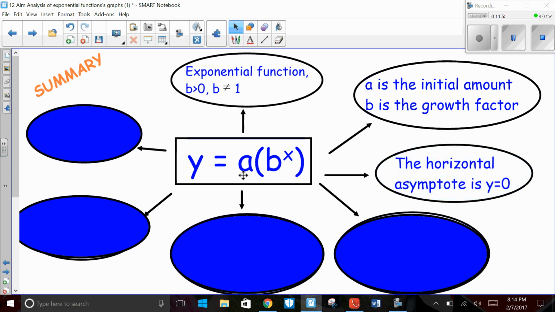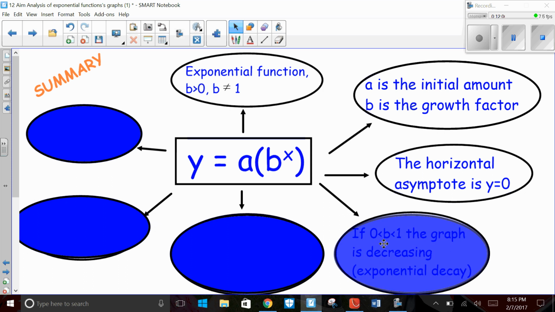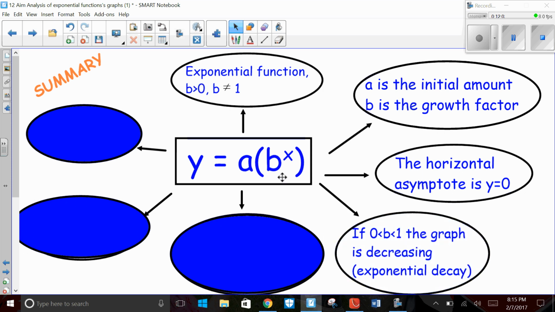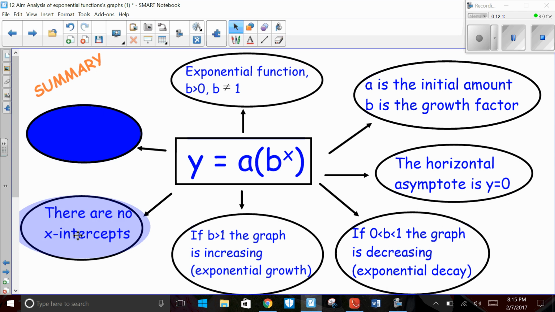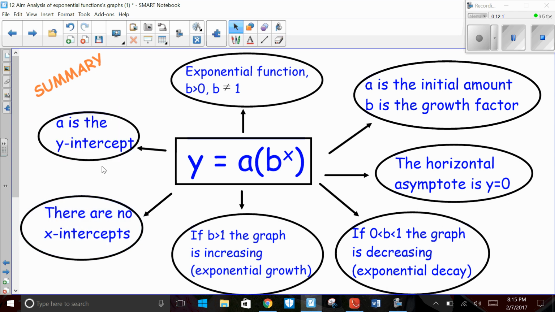Then we have the horizontal asymptote, which is y equal to 0, the x-axis. We know that if the base is between 0 and 1, the graph is decreasing. That's called exponential decay. But if b is bigger than 1, the graph is increasing. That's exponential growth. And there are no x-intercepts, and a is the y-intercept. And that concludes this lesson.